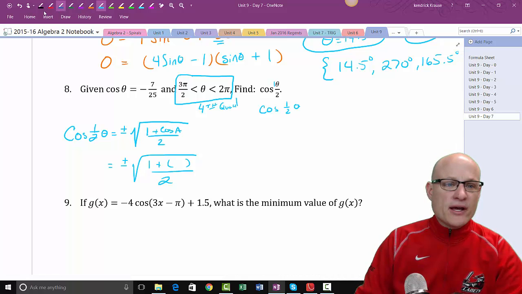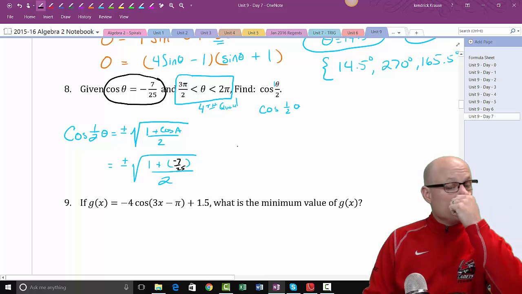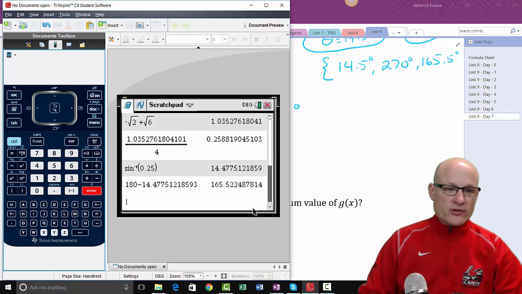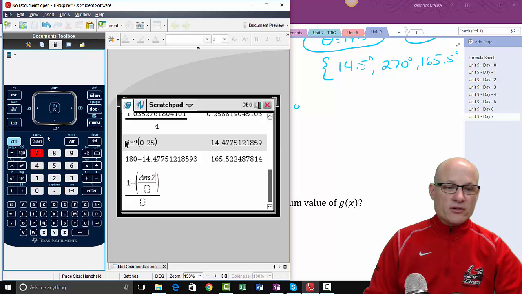Now I'm going to replace that with what it's equal to. Cosine theta is equal to negative 7 over 25. Let's see: 18 over 50, 9 over 25, 3/5. The answer to this is eventually going to be, I think, 3/5, but let's see if we get this. Plus or minus. Now, what I want you to do, and I'm just going to show you this, is use control division: 1 plus, parentheses, control division, negative 7 over 25, all over 2.